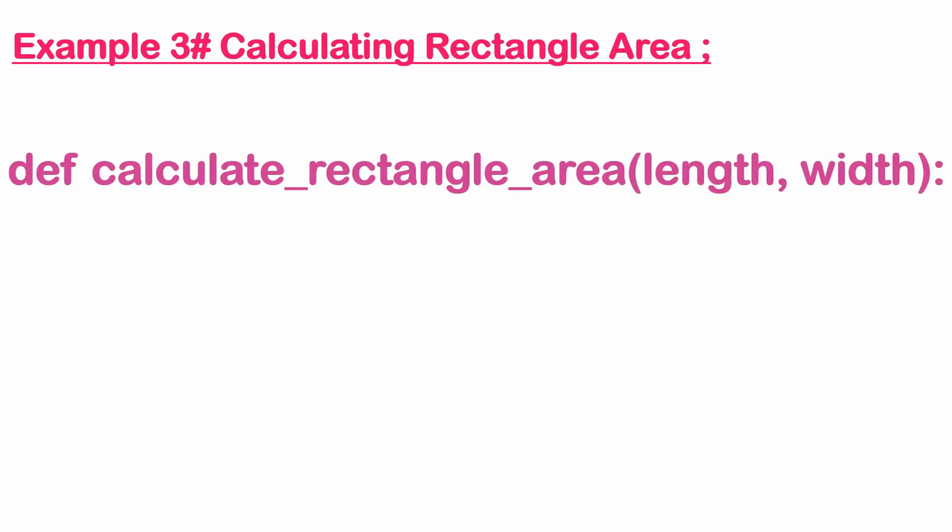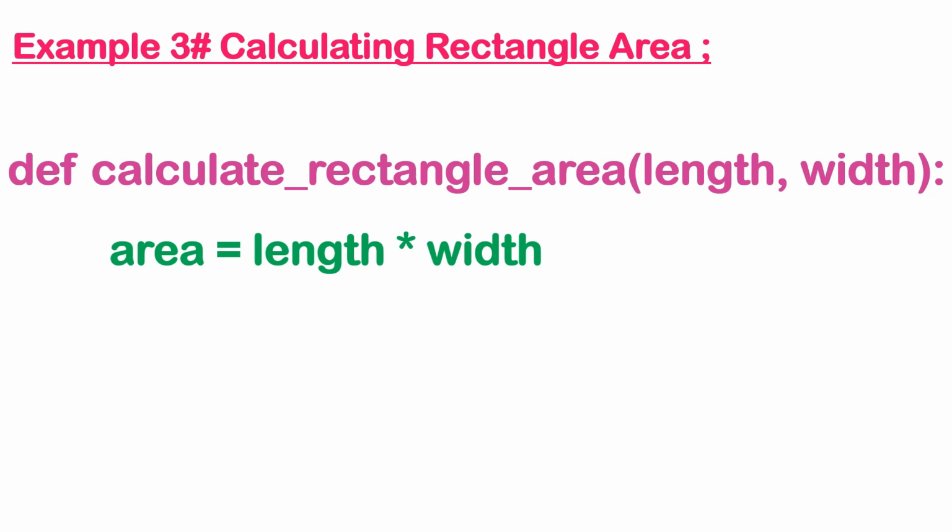Now we will see one more example of a function, for calculating rectangle area. The program is like this: def calculate_rectangle_area(length, width): The next line is area = length * width, and then return area.